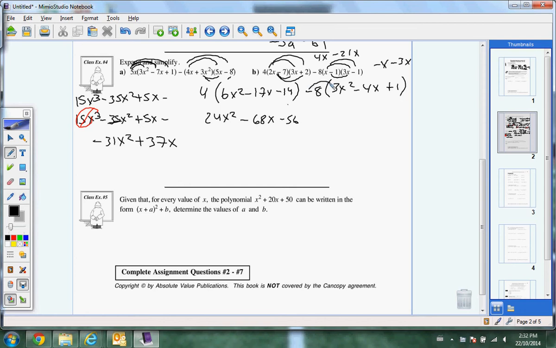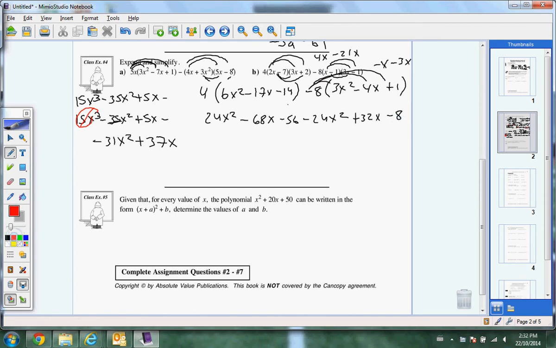So what I mean by that is, watch. Negative 8 times 3 is a what? Negative 24x squared. And I just put it right there. So now I see that I have a 24 minus a 24. Okay? Questions with that? Okay, so then I'm going to go negative 8 times negative 4 is positive 32x. Negative 8 times 1 is negative 8.